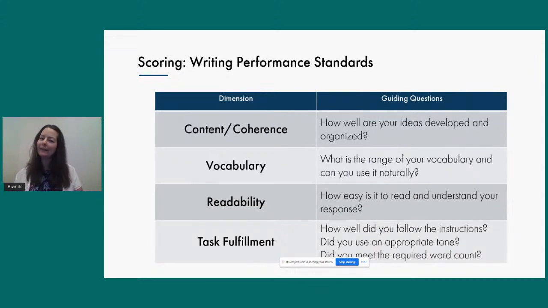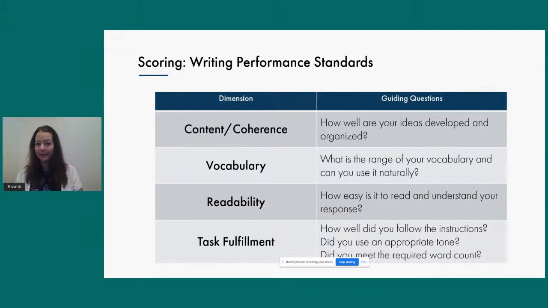So on the CELPIP test, you're usually asked to talk about several different things in that email question in task 1. So we really should not be submitting one giant paragraph as our answer. Each time we have a new main point to make, we should have a new paragraph on the page. And again, that will help your reader figure out when your ideas are beginning and ending and so on. Now, grammar and writing are also included under this category too.